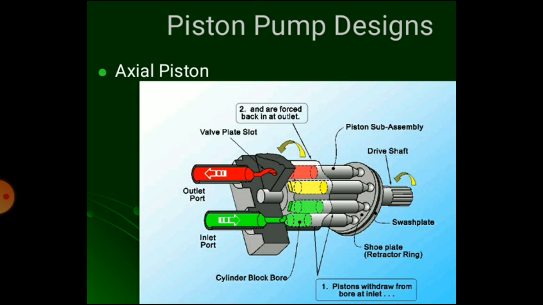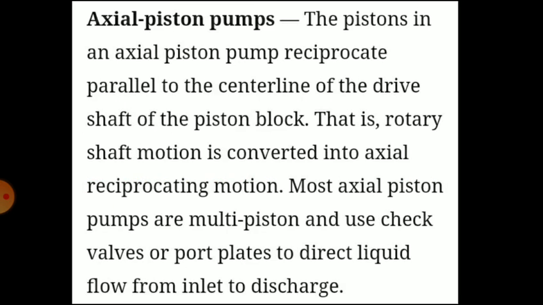You can also see the piston subassembly, then wall plate slot, outlet port and inlet port. The direction of piston movement, that is forward or backward, that is suction or delivery, is decided by its peripheral position on a swash plate. The rotating piston travels along an elliptical line on the stationary swash plate.